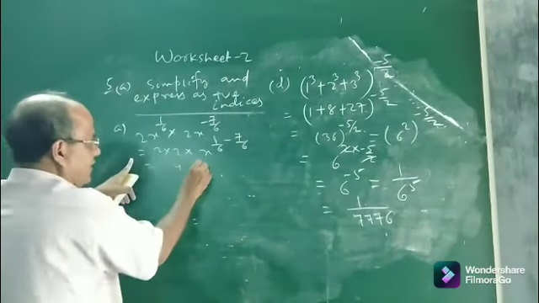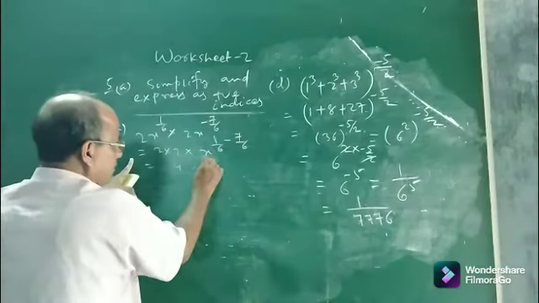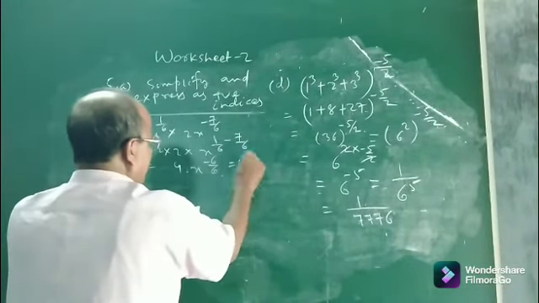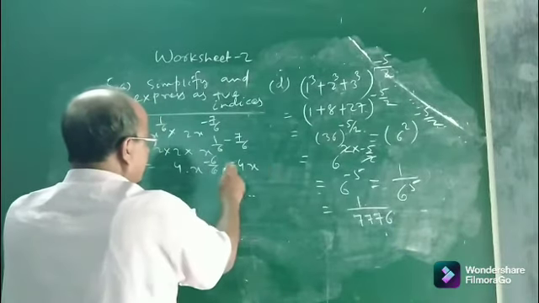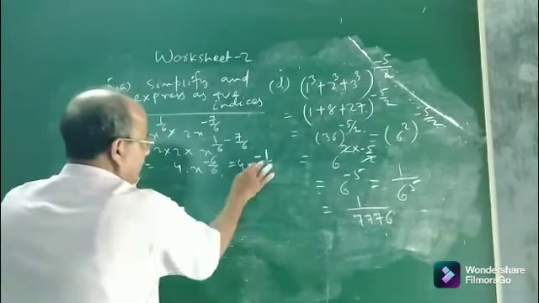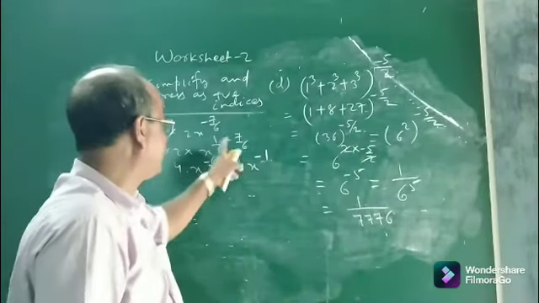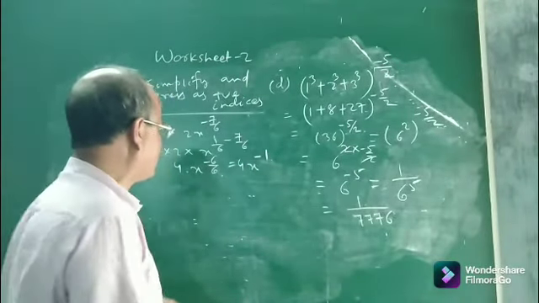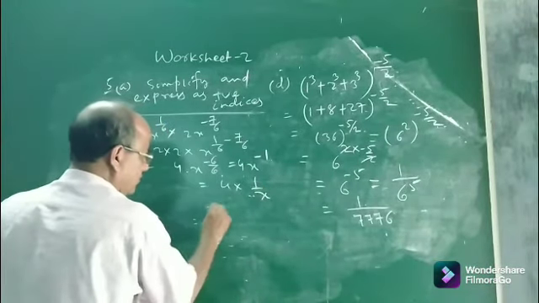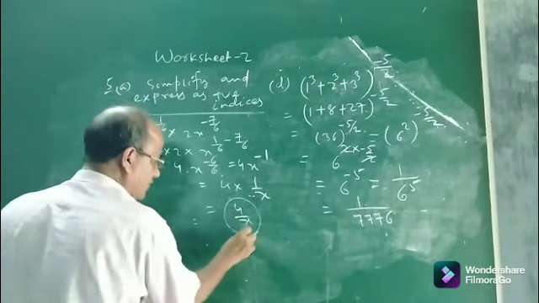So it is 4x to the power minus 6 by 6, because 1 minus 7 is minus 6. Minus 6 by 6 is minus 1. And this will be 4 into 1 by x. So it is 4 by x. So this will be the answer.